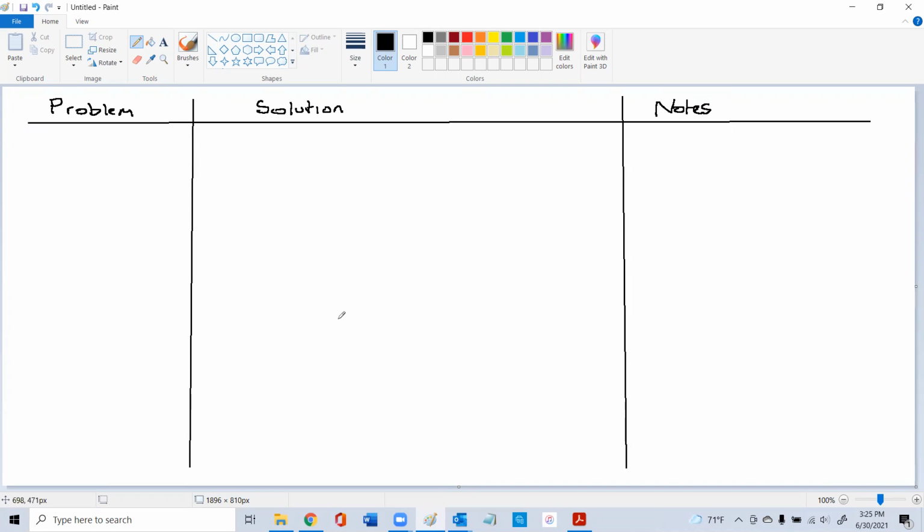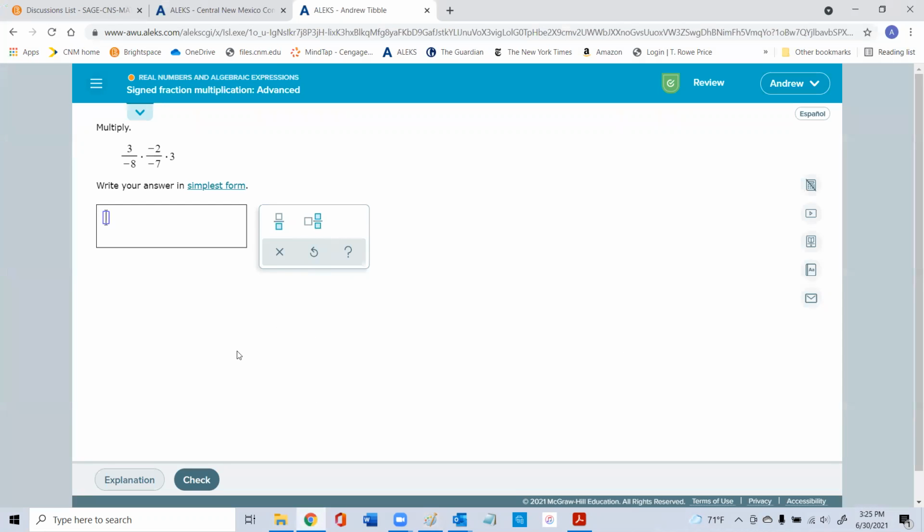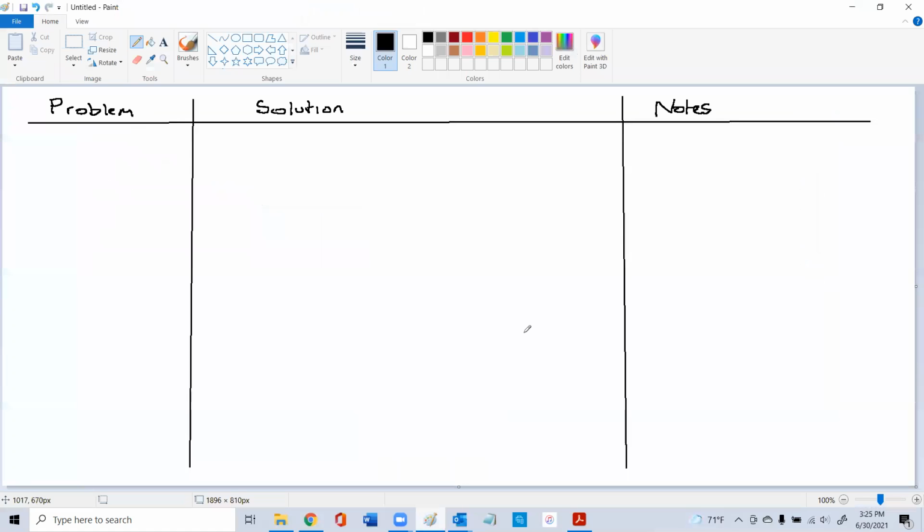So let's take a look real quickly in ALEKS, and we'll find a problem that you may have experienced. This one is a signed fraction problem, and I'm going to try to copy it over to ALEKS. I can't copy and paste it because it won't come out real well. So we've got negative 3/8 times 2/7 times 3.